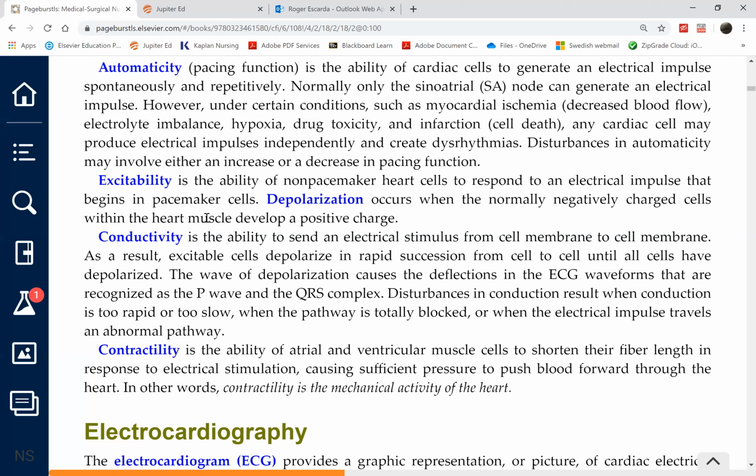They can be excited by them, they can conduct them, but they do not generate the electrical impulses. And only myocardial cells have the ability to contract. Meaning at one point during development, all of those cells possess these characteristics.